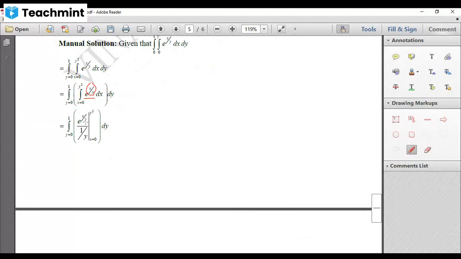Because you know the formula: the integral of e to the power of ax plus b is e to the power of ax plus b divided by a, the term associated with x. Here, the term associated with x is 1 by y, because 1 by y is constant.